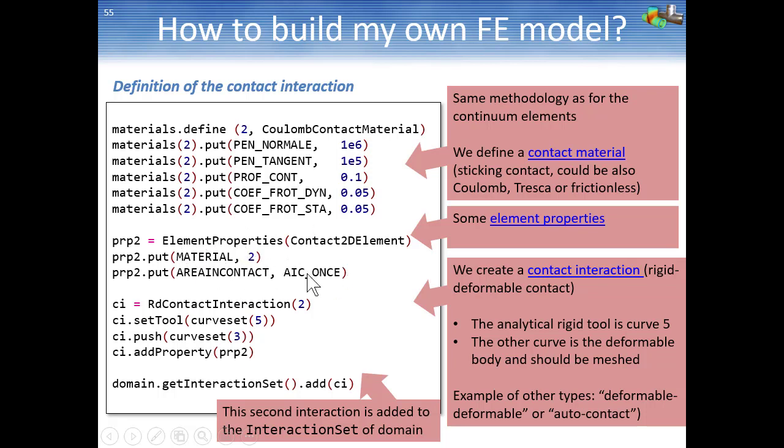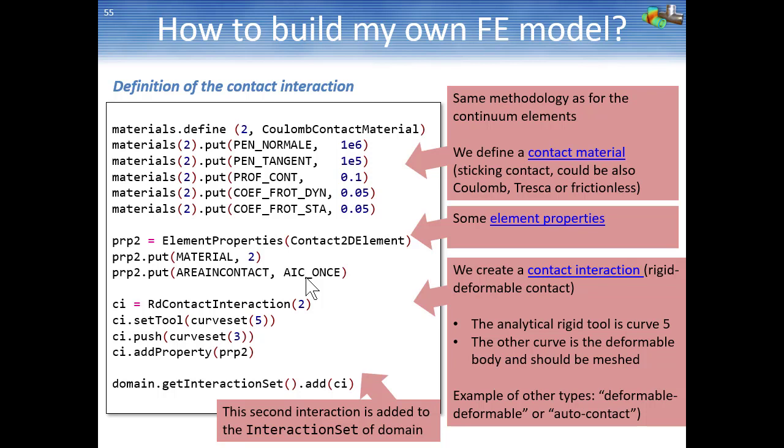We have element properties, which links the finite element to the material, and you have some options. Remember that for the volume, we had some options about the integration of stresses. Here we have some numerical options, which say if we update the length of the contact elements when we compute the pressure.